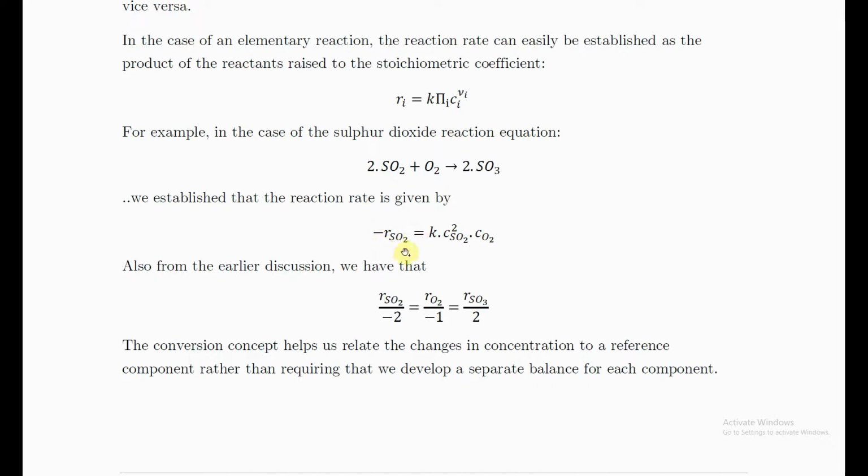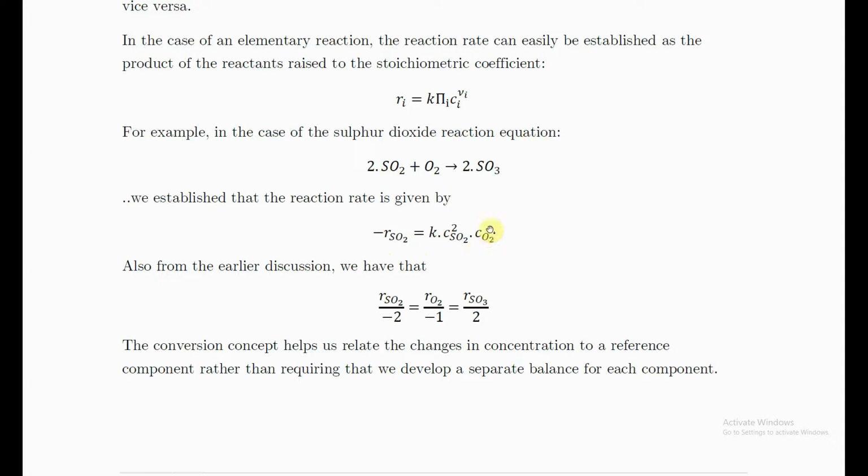So this rate of consumption is the rate constant. So that's some number that we have to find, and that's a strong function of temperature, an Arrhenius expression. So the rate constant multiplied with the concentration of the component raised to the stoichiometric coefficient. And that's multiplied with all the other reactants also raised to their stoichiometric coefficient.